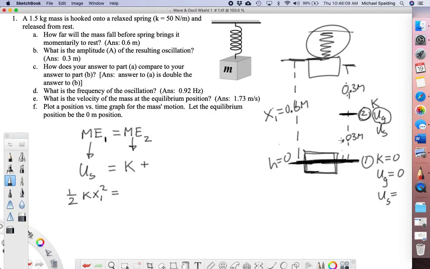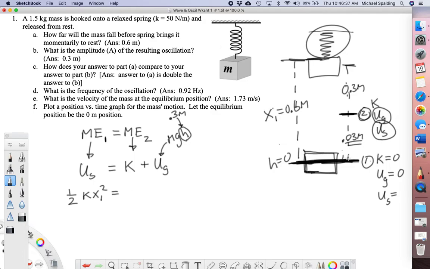Did we rise above our 0 point? Yes, we did. So don't cross out potential of gravity. So we're going to have potential of gravity, and let's just talk about what that's going to be. That's going to be mgh, where this h is going to be 0.3 because that's how high we came off the 0 point.